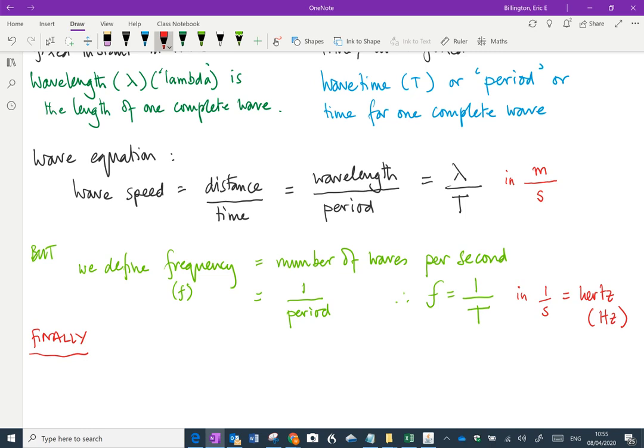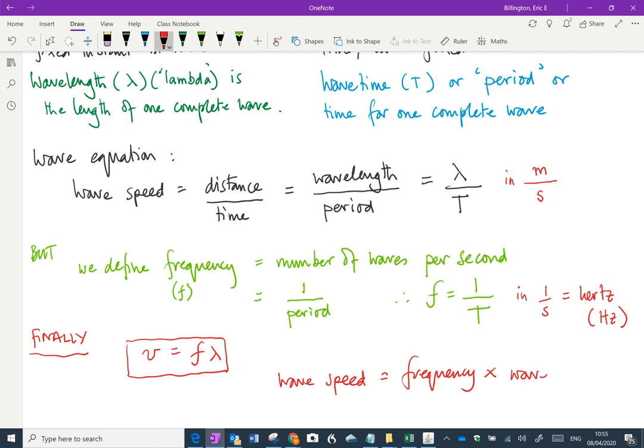The wave equation, therefore, is usually written wave speed equals frequency times wavelength. Is that the same as our previous one?